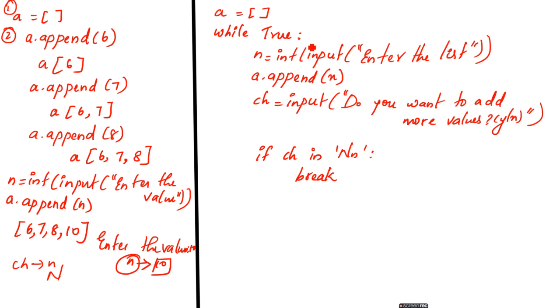So in this way we can enter n number of elements to this list, and we can break the loop after entering the elements needed by the user. Here we can write "enter the values", not "enter the list". So in this way we will be creating the list.